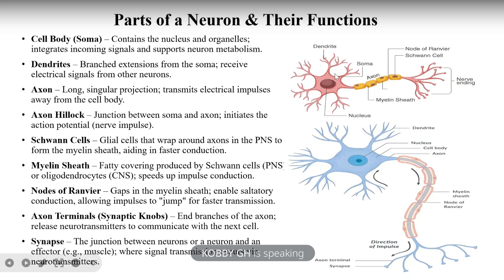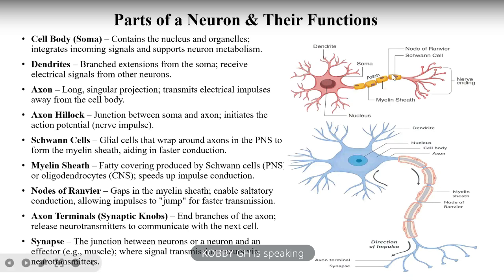Apart from the soma, we have the dendrites attached to the cell body. I mentioned that if a neuron has to receive information from another neuron, it receives that signal with the help of the dendrites.